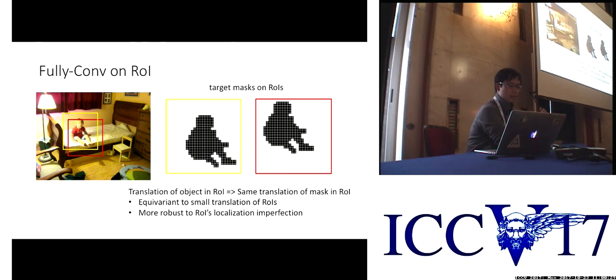So this means that if we use a fully convolutional network on the ROI to predict the mask, then it is more robust to small local translation of the ROI, and it may tolerate more localization imperfection introduced by the detection system, including both the bounding box proposal or the object detection bounding box regression result. So this is one nice property of the Mask R-CNN FCN head.